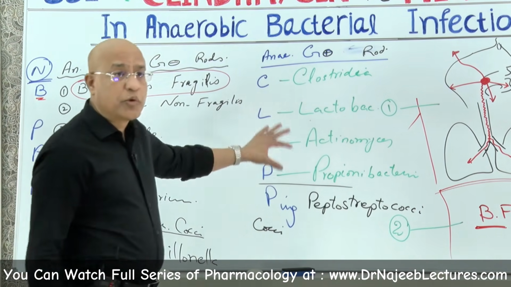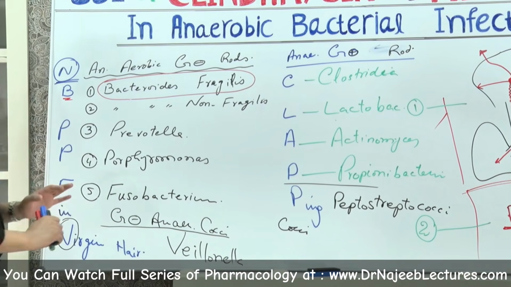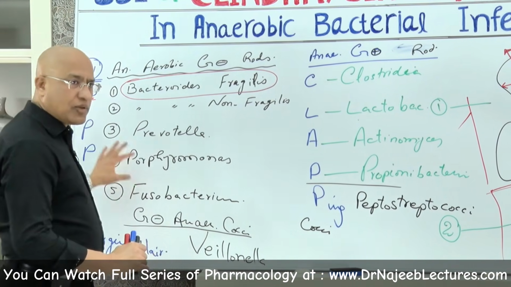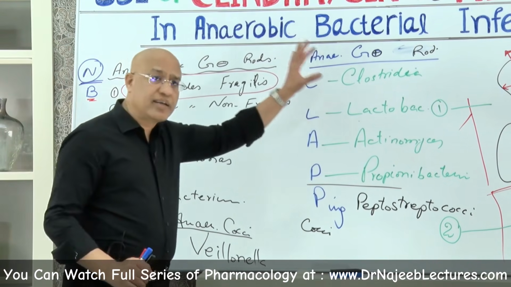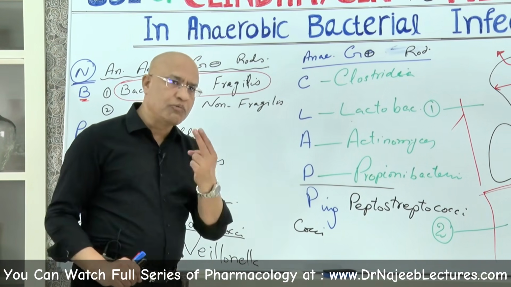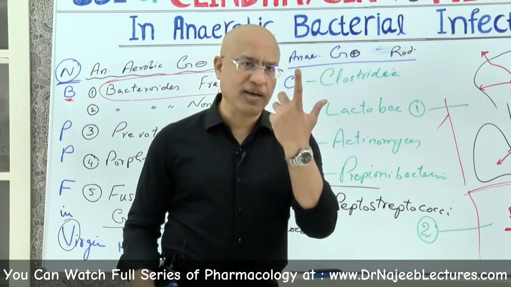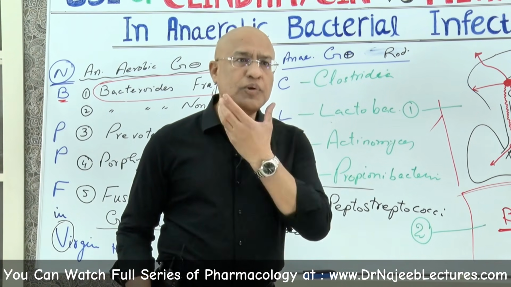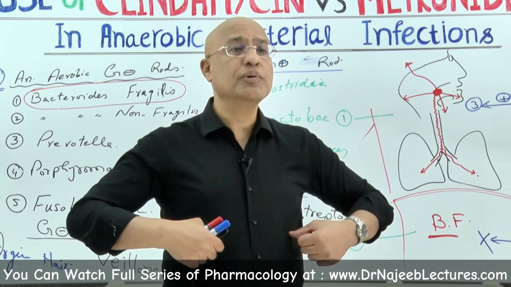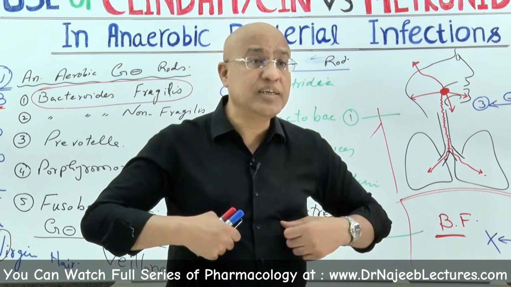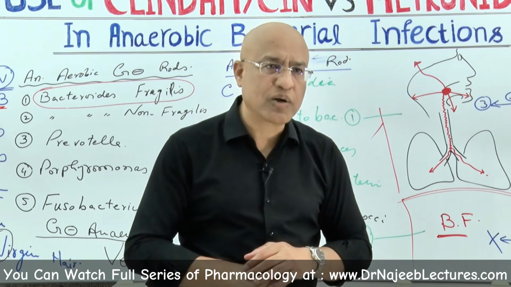These are all anaerobic. So what did I highlight? Out of all these gram positive and gram negative anaerobic organisms, you have to remember at least three things. Number one, all anaerobic infections above the diaphragm are mainly derived from oropharyngeal microbiota.